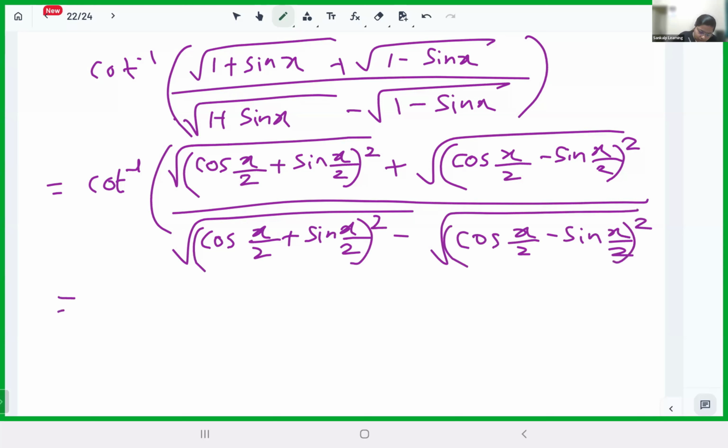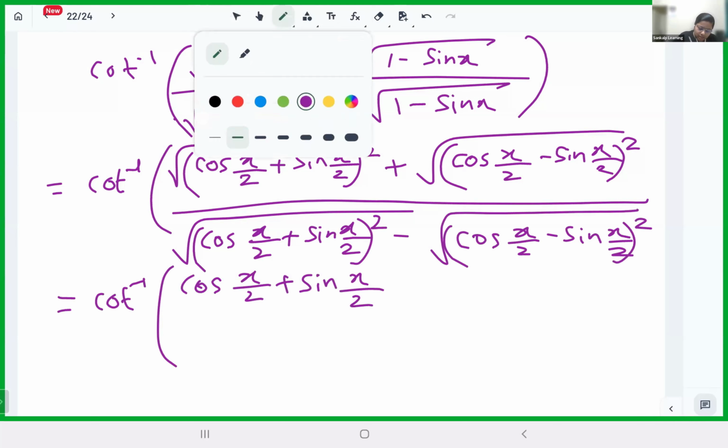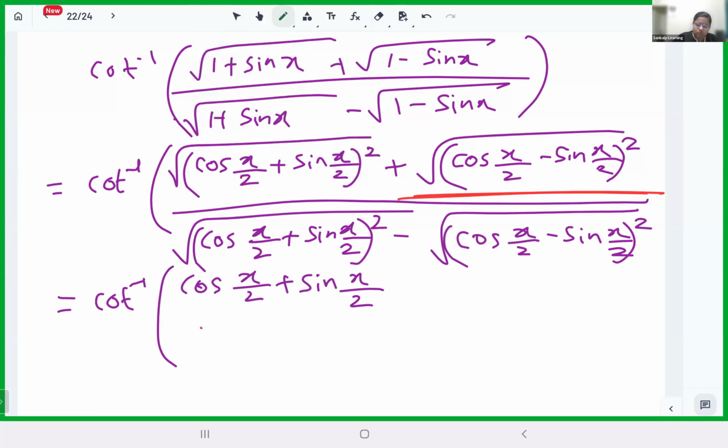Alright, now cot inverse of what? The root of (cos x/2 plus sin x/2) the whole square is cos x/2 plus sin x/2. And what is the root of this one? Root of this one is nothing but cos x/2 minus sin x/2.